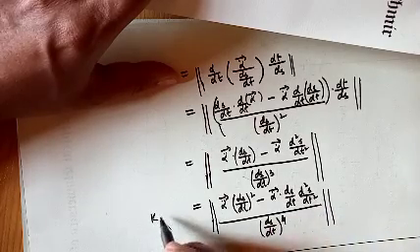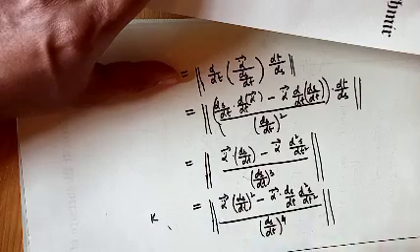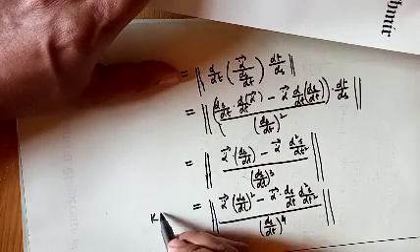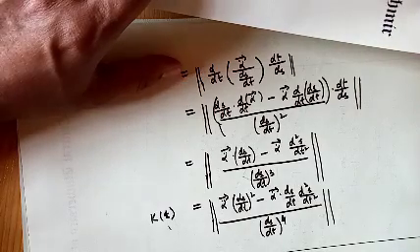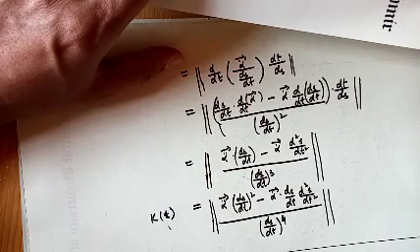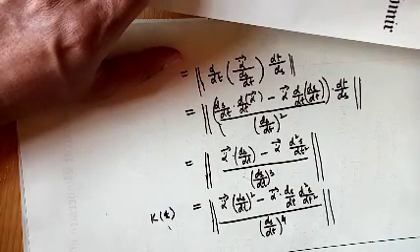So this is my curvature of the curve at the point t, because now the parameter is t. Okay, now we just see what this ds by dt is.